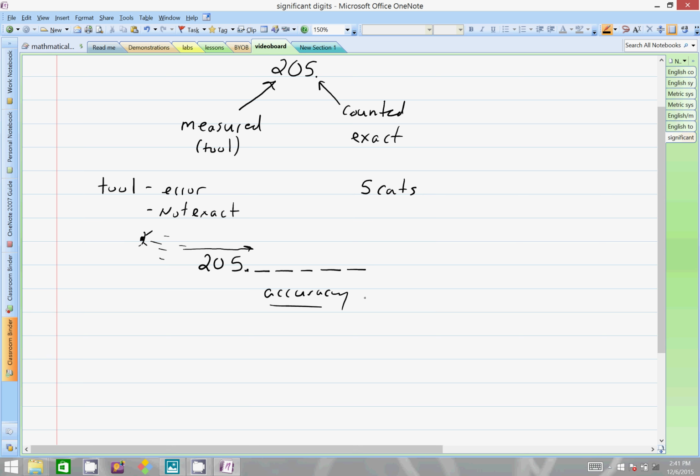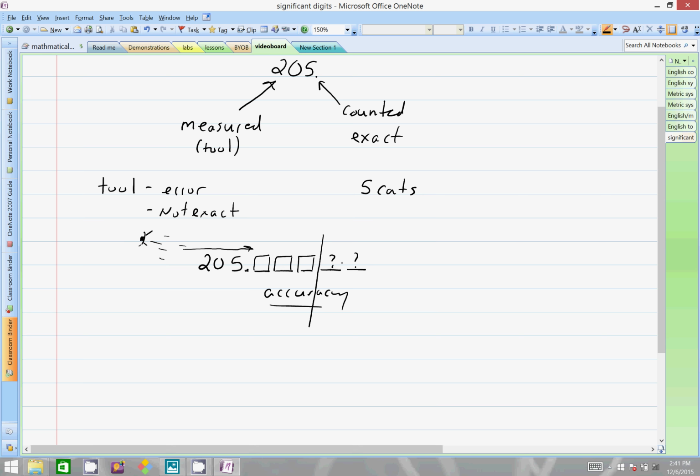So a tool that can see to the 10th spot would have a certain level of accuracy. Another tool might be able to see the 100th spot, and again your thousandths and so on and so forth. But eventually every tool runs into a roadblock where it can no longer see anymore. There are still numbers here, we just can't see them.